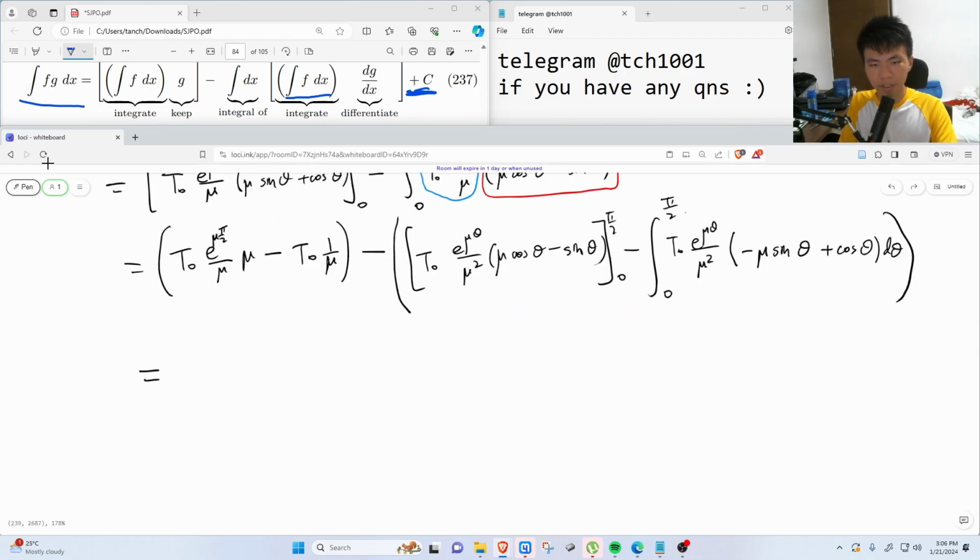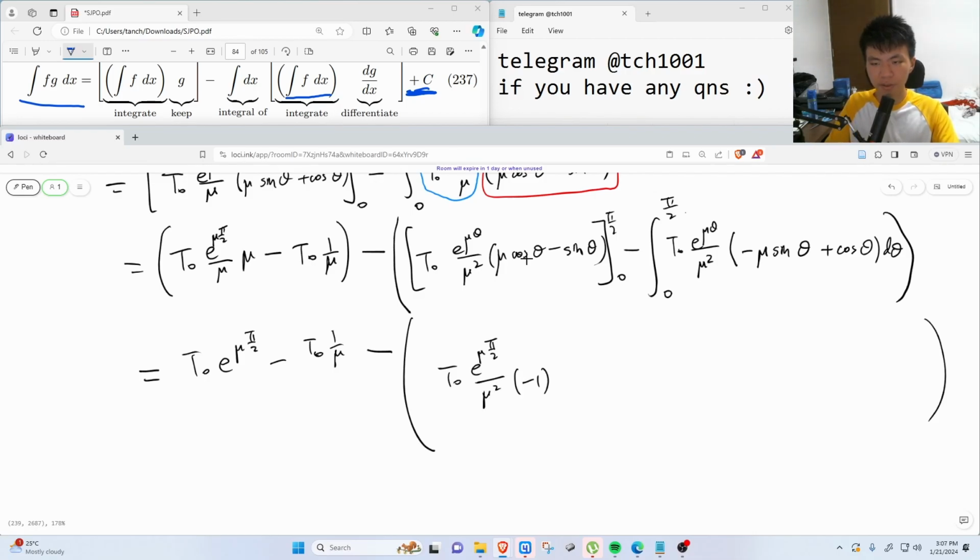Simplifying the first expression, we get T naught e to the mu pi over 2 minus T naught 1 over mu, and subtract away the thing in the massive round bracket, T naught e to the pi over 2 times mu over mu squared minus 1, because cosine of theta is 0 at pi over 2 and sine of theta is 1. Then we subtract away T naught e to the 0, which is 1, over mu squared times mu. And we minus away this term.